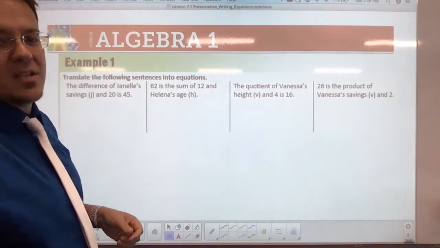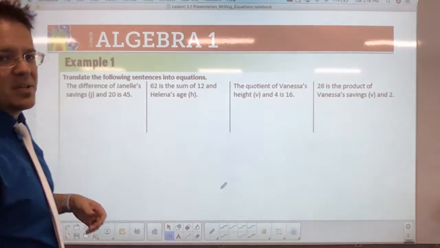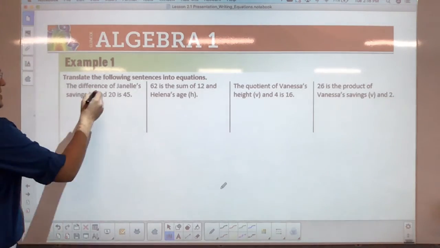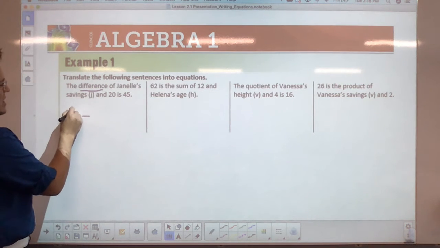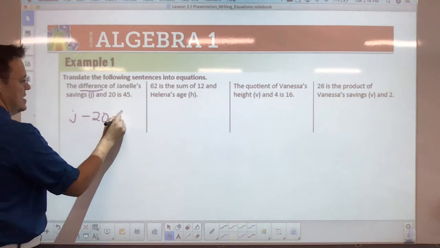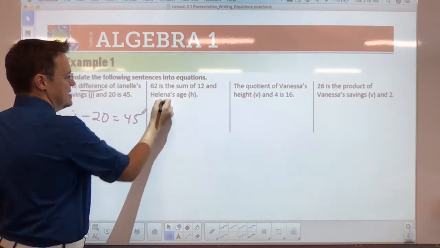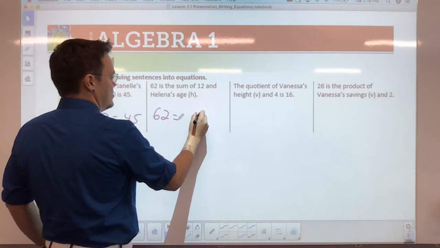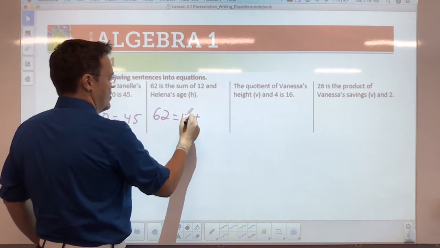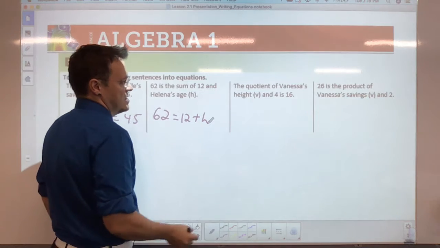All right, hopefully you guys paused the video, and when you did, you were able to see the setups of these. The difference would be subtraction, of Janelle's savings, J, and 20 is 45. 62 is the sum of, so we know it's the sum of something, of 12 and H, Helen's age.